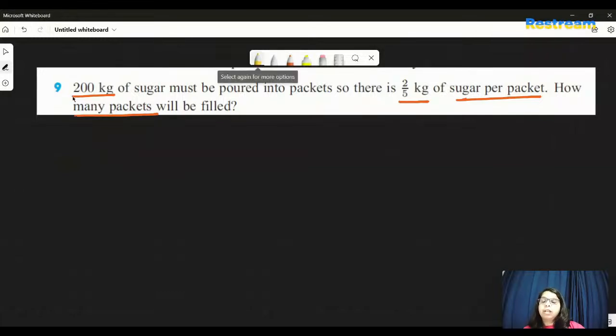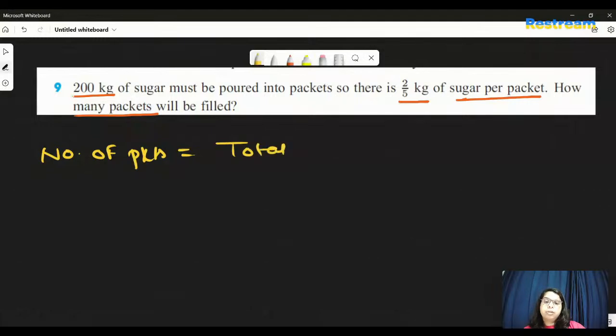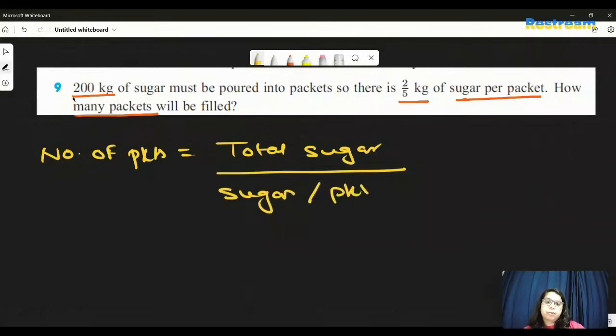So now if we write down the formula, number of packets is equal to total sugar over sugar per packet. So do we have all the data? Yes.